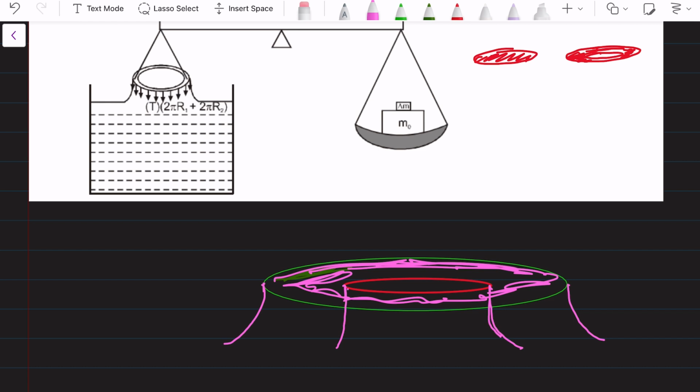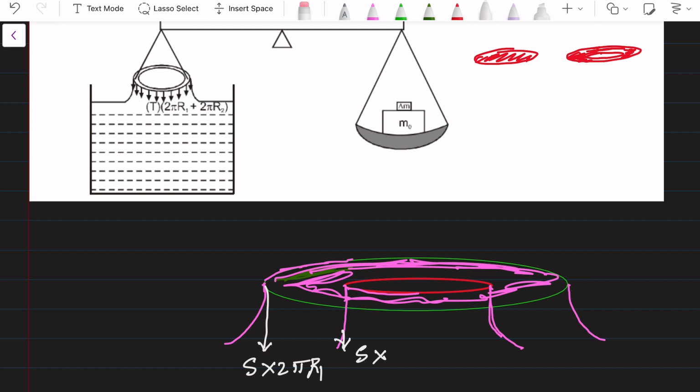Now surface tension force is not only acting on this green periphery, it is acting on the red inner periphery also, and hence we have the total surface tension force here as S into 2 pi R1 for the outer one, and on the inner one S into 2 pi R2.